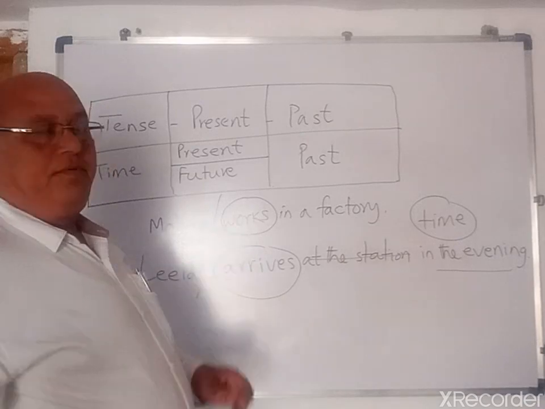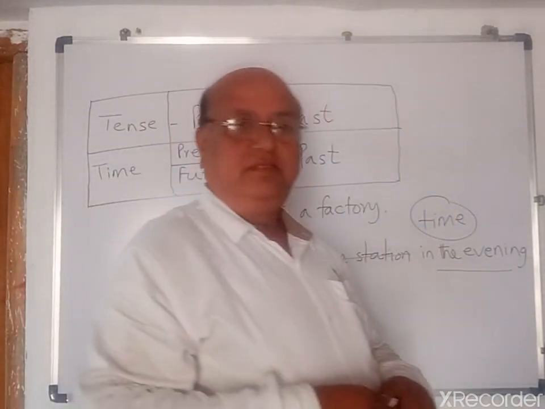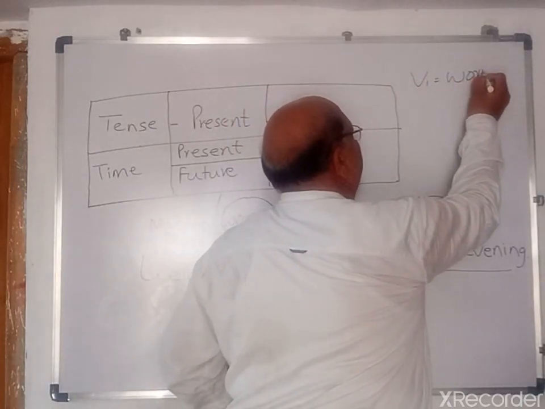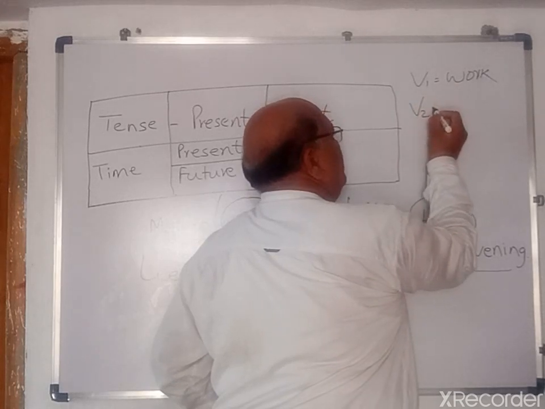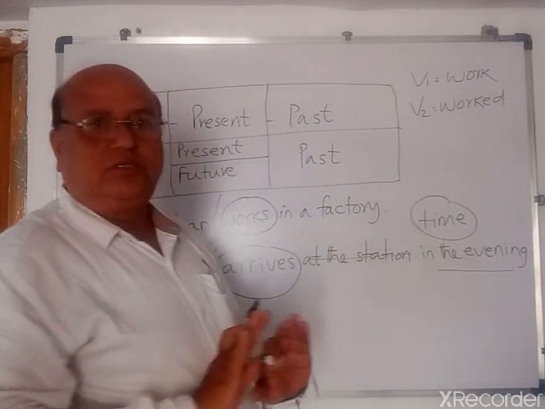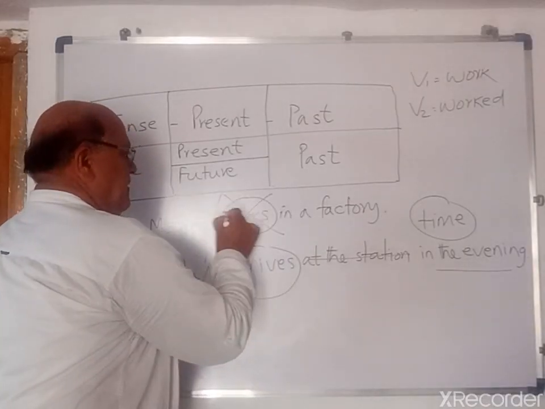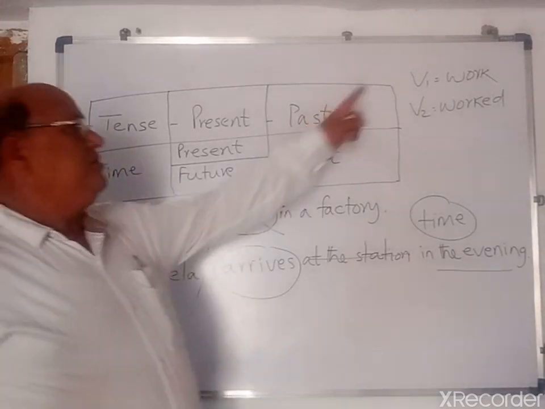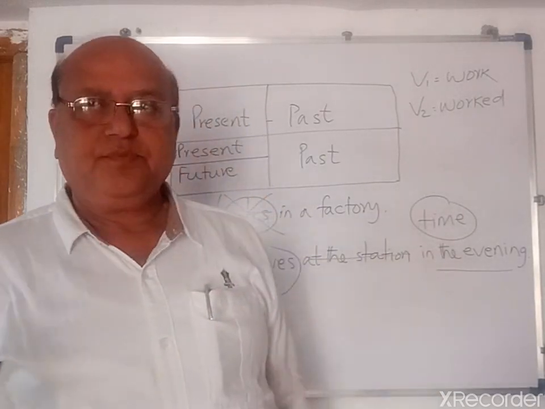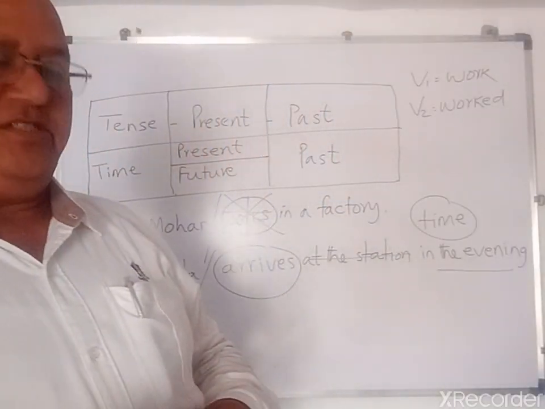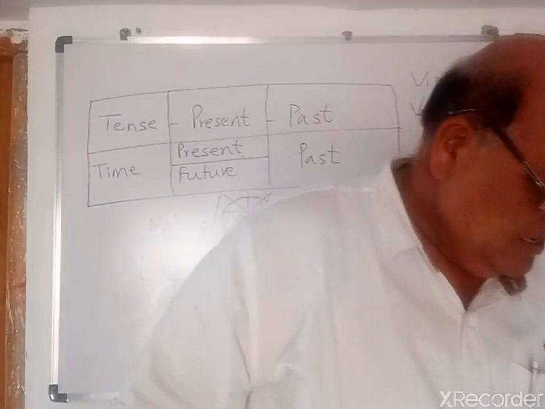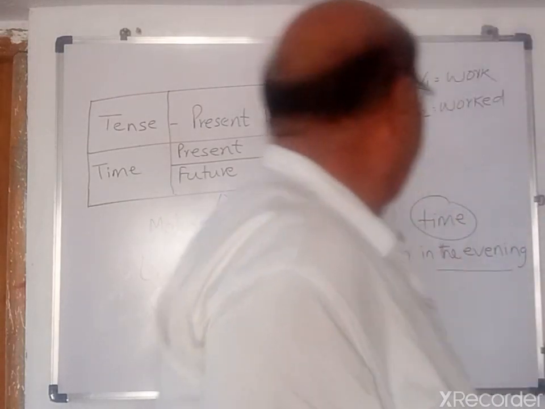The base form of the verb, V1, V2, V3 that we discussed. V1 is work and V2 will be worked. No change, only change worked, use worked. It is okay. The tense is changed. Am I clear? Okay.